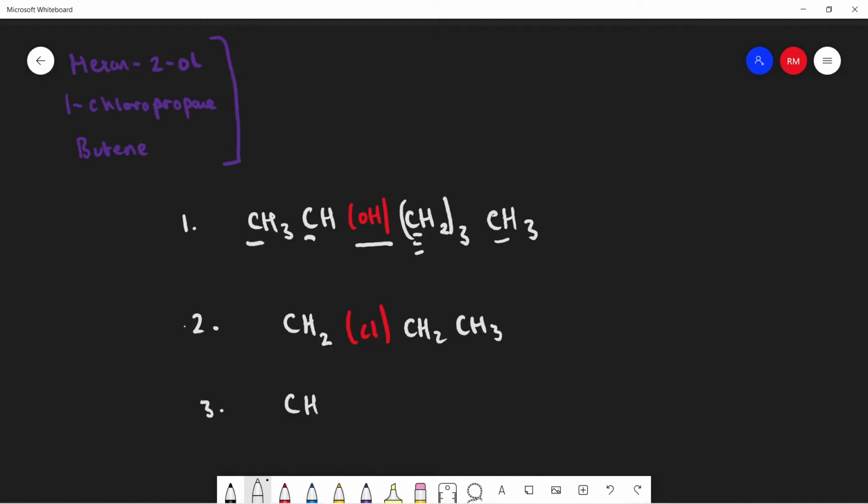So we're going to have a CH2, and we actually put in the double bond here, CH, and this is only a CH here because we can see this carbon is already bonded to 4 things, 1, 2 bonds, 3 bonds, and 4 bonds. And here we're going to end our structural formula with a CH3.